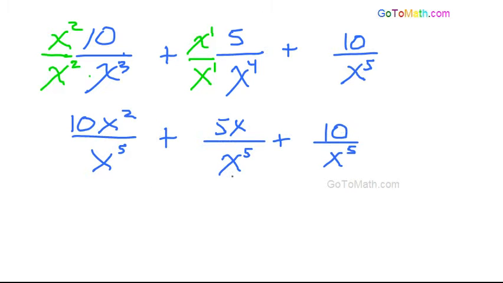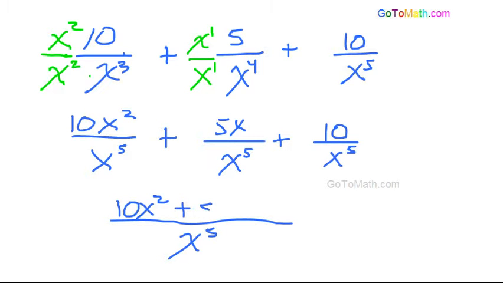What do we got going on here? Well, we got common denominator, because that's what our goal was, is to get a common denominator. So what do we have? We have 10x squared plus 5x plus 10. There you go. I got that all into one single fraction.